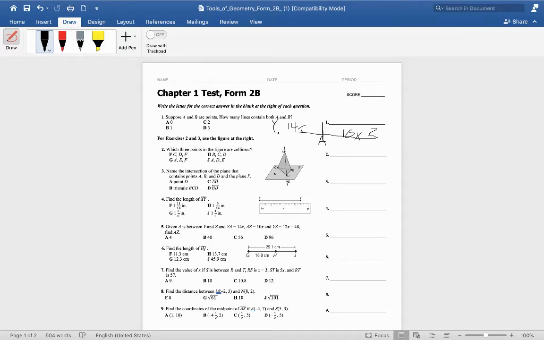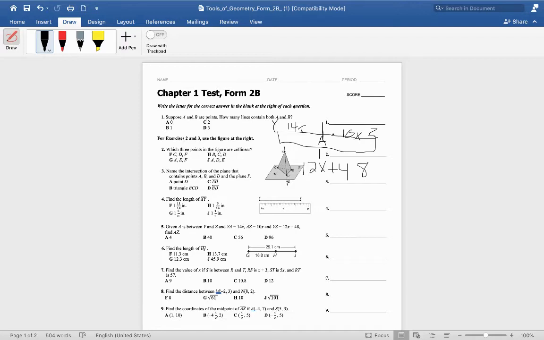But the whole thing, Y to Z, is 12x plus 48. So we know that Y to A is 14x, from A to Z is 10x, but the whole trip altogether is 12x plus 48.